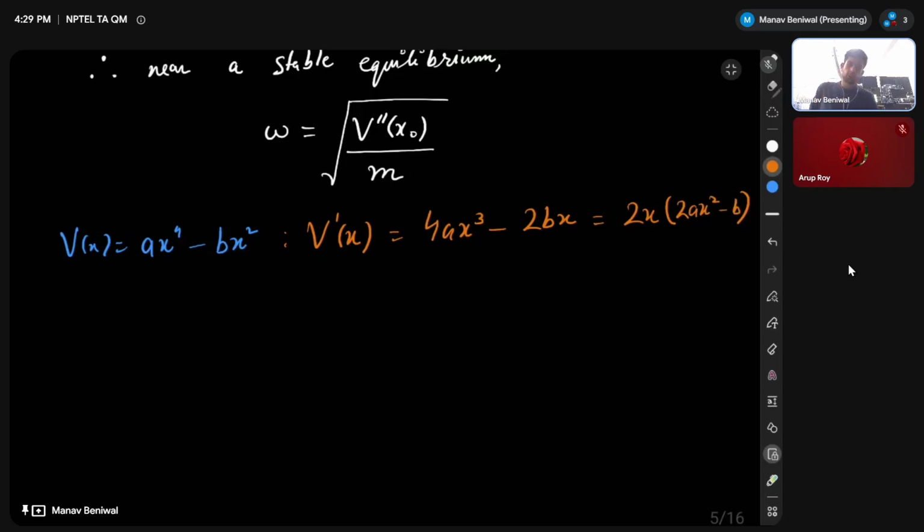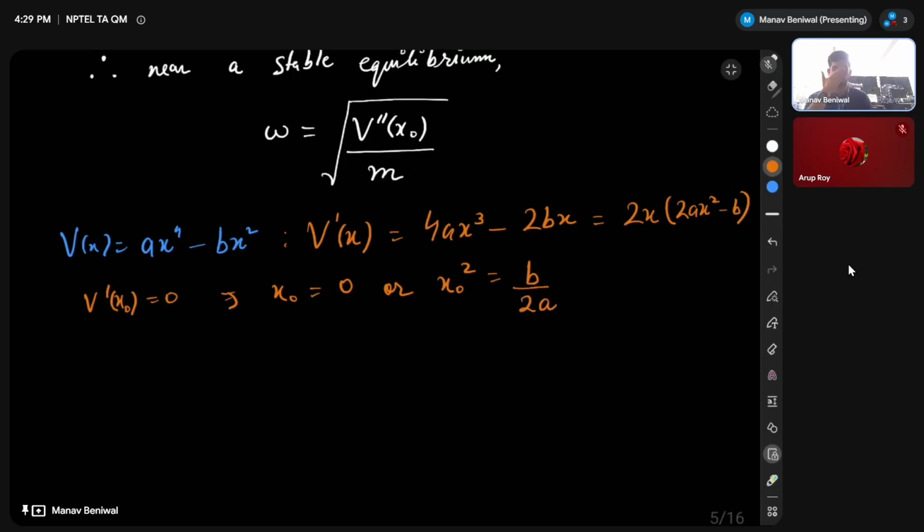To find the equilibrium points, we set V prime of x naught as 0, and this implies x naught is either 0, or x naught squared is equal to b over 2a.